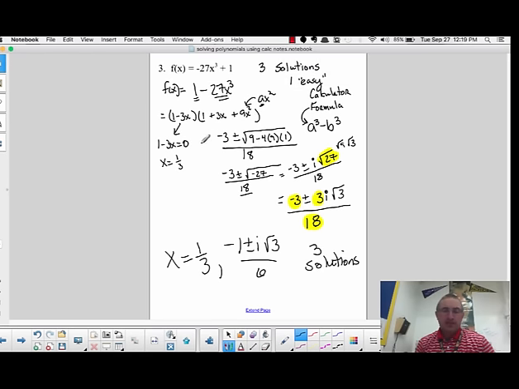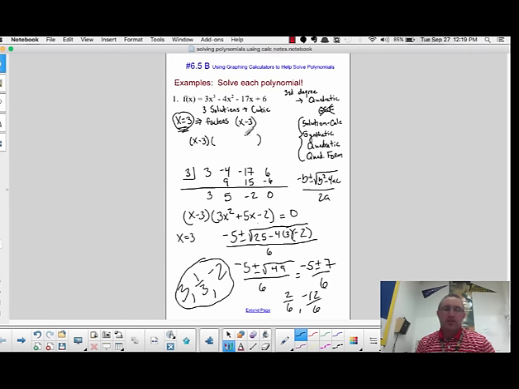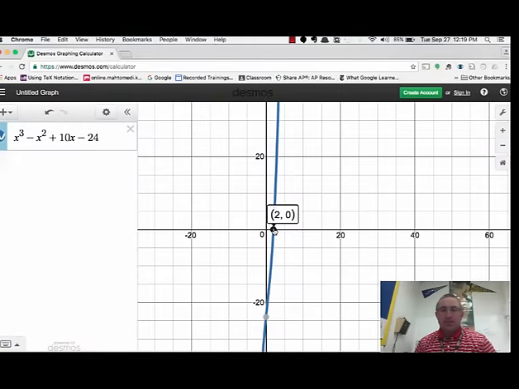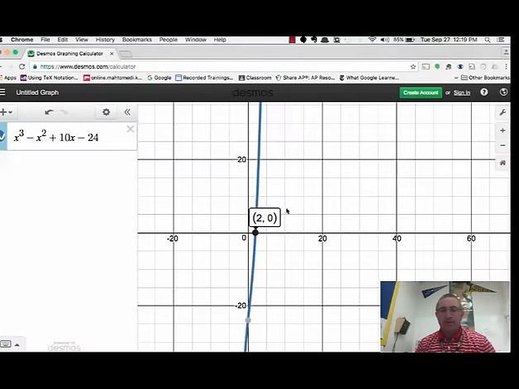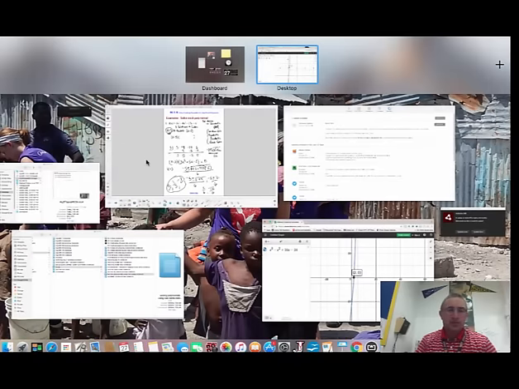All right, so to recap, right, we're using our calculator to help us solve polynomials. So sometimes we may have to use our calculator to get our first solution, right? To get our first solution like a 2, okay?